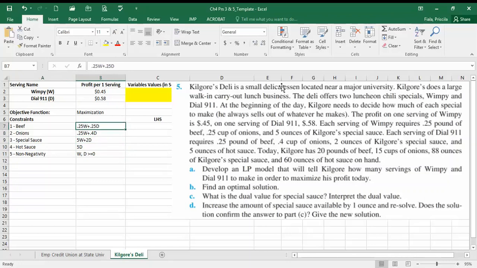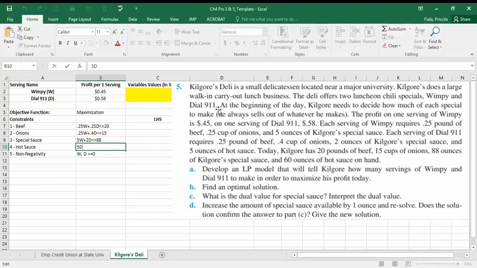Right here we only have Dio 911 for hot sauce, since that's the one that they added more to, to make it spicier. And now it tells us today Kilgore has 20 pounds of beef. Therefore, this combined is no more than 20 pounds, 15 cups of onions, so no more than 15 cups of onions, 88 ounces of special sauce, so no more than 88 ounces of special sauce, and 60 ounces of hot sauce on hand.